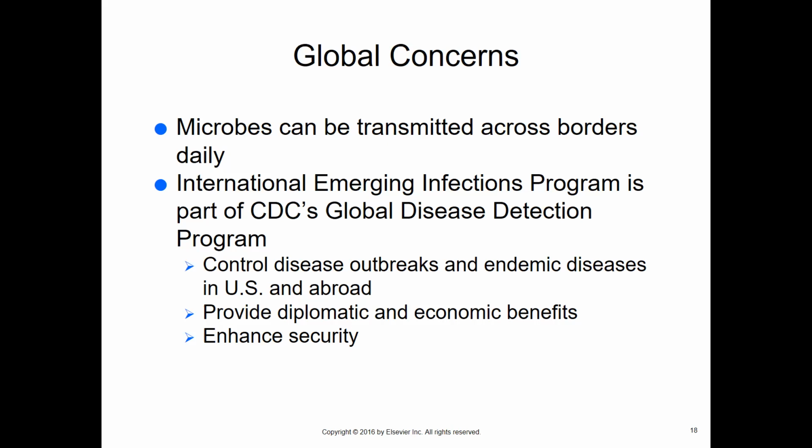Things that could help are diplomatic and economic benefits, enhancing security. So we have to use surveillance, and we're looking at clinical symptoms, especially things like respiratory disease, acute diarrhea, encephalitis, meningitis, hemorrhagic fever, any unusual clustering of diseases or deaths, any resistance to common drug treatments.